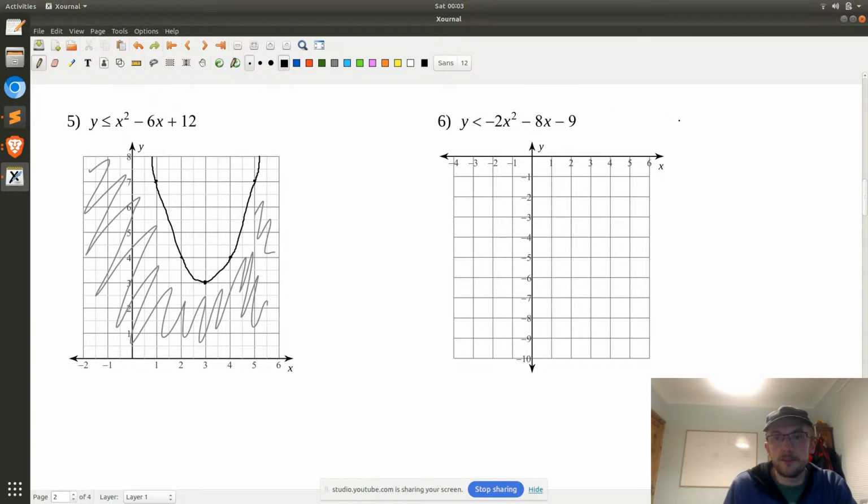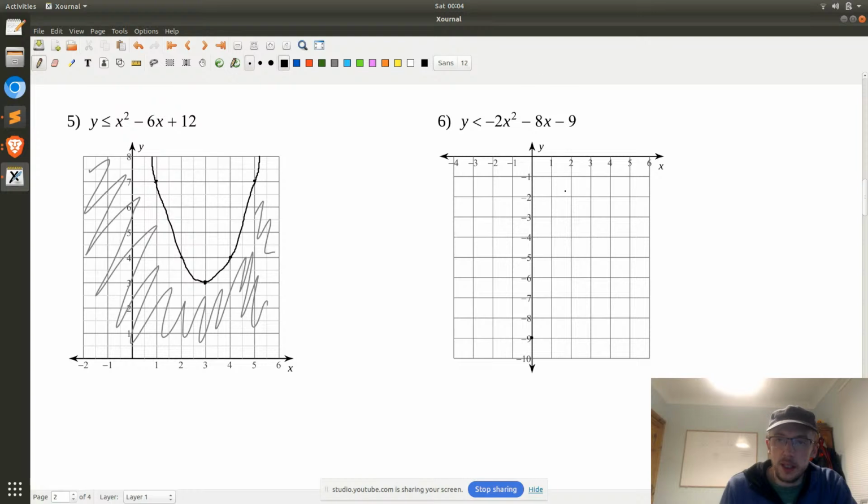Okay, and in fact, we kind of already know that it passes through 9 by just plugging in 0. And what else? Well, we want the line of symmetry, which is minus b over 2a. So that'll be 8 over negative 4, and 8 over negative 4 is negative 2.